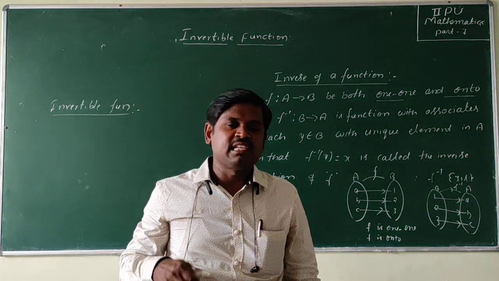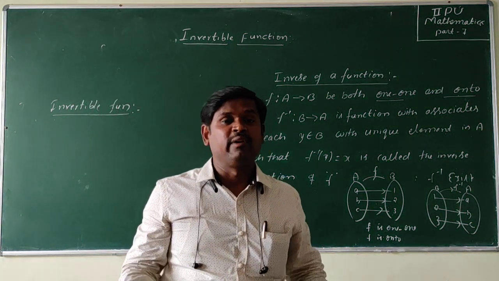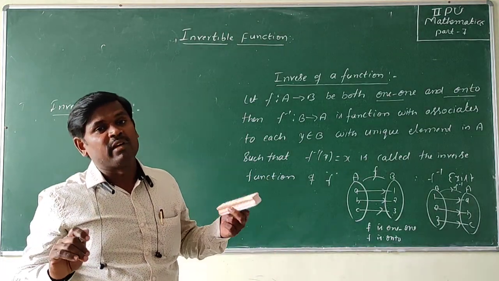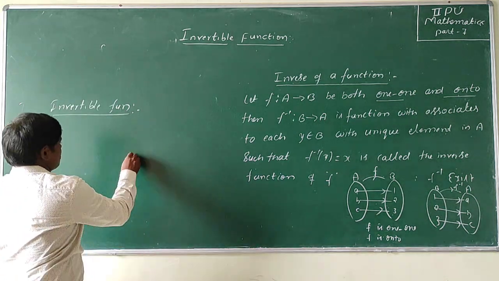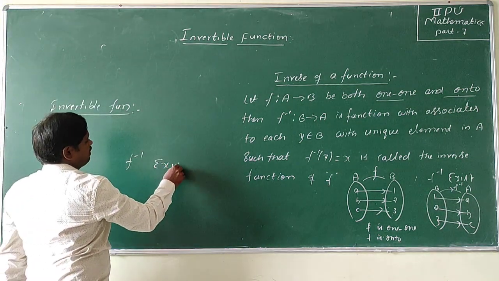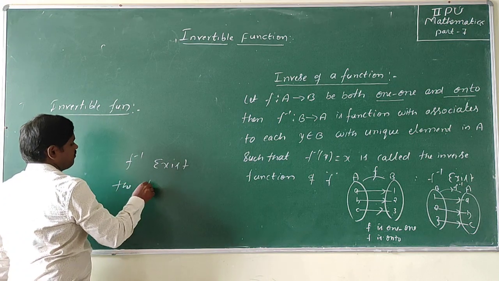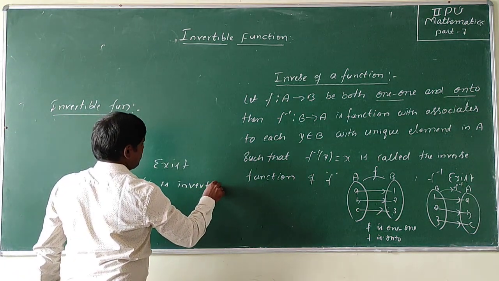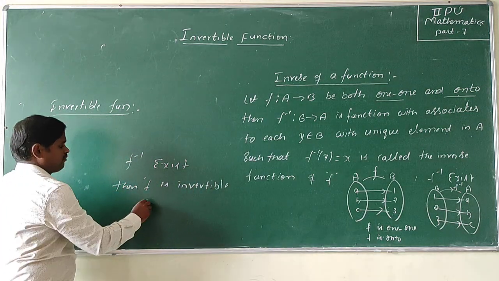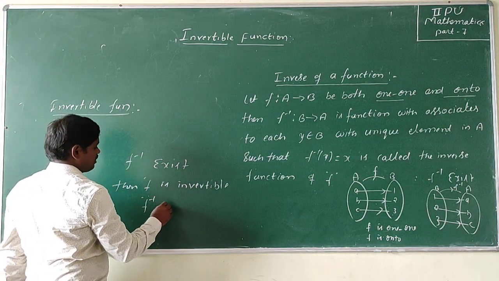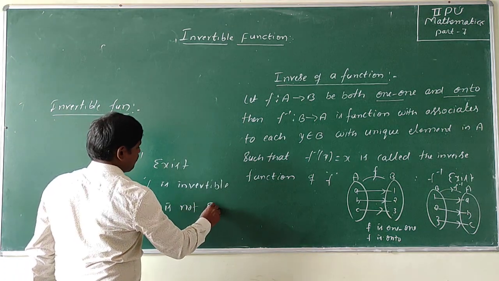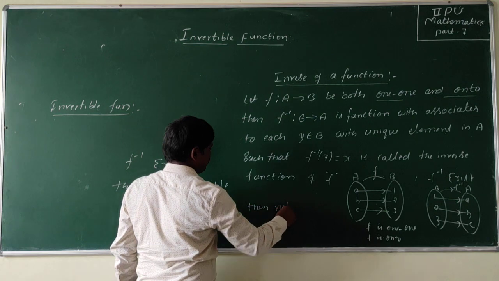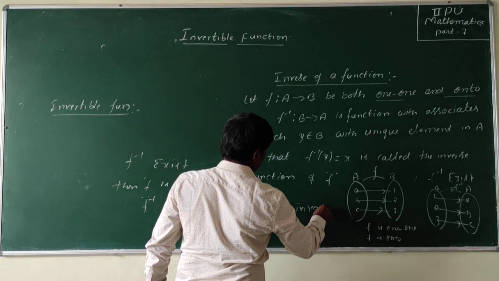So if the inverse of the function exists, then it is called invertible. Suppose the inverse of the function does not exist, then it is not invertible. So if F inverse exists, then f is invertible. If F inverse does not exist, then f is not invertible. Is it clear?